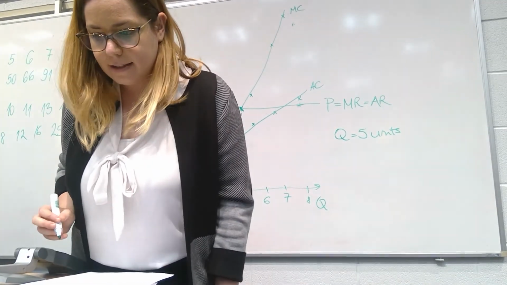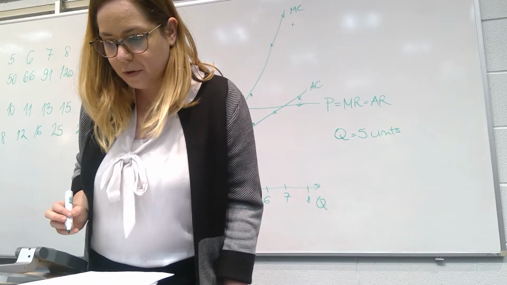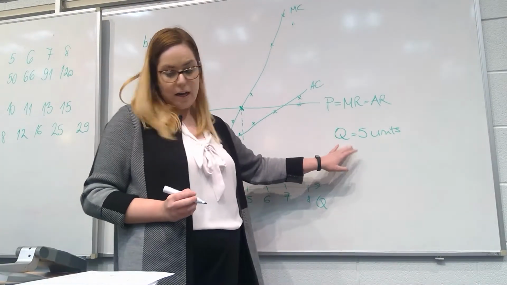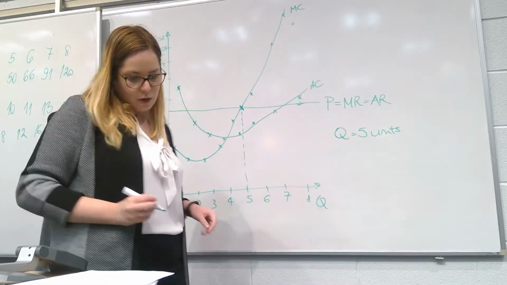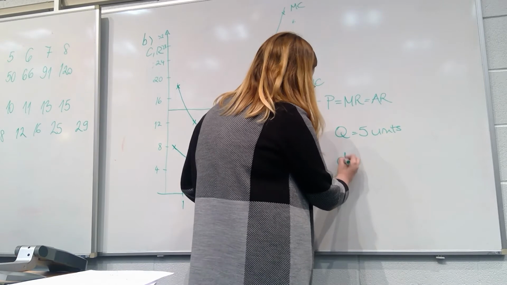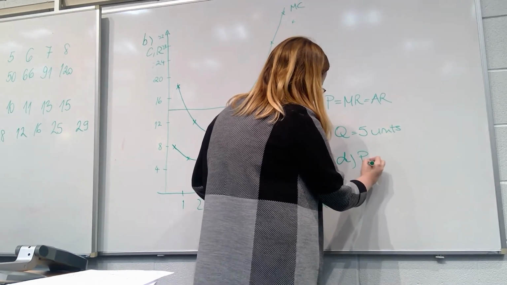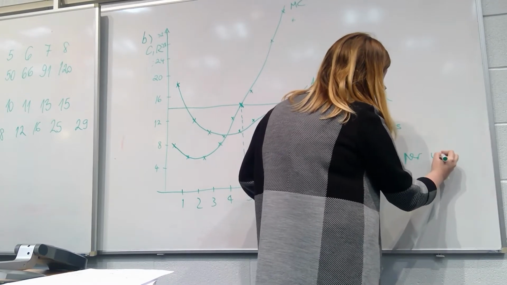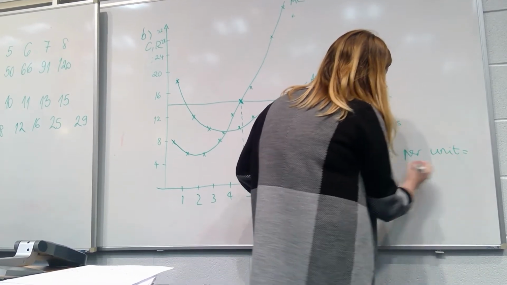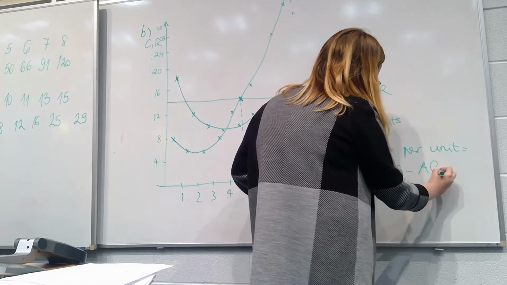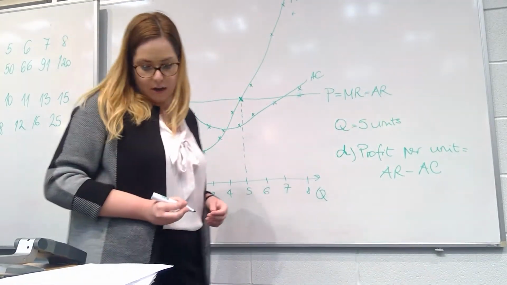Then we are asked how much supernormal profit is made at this output, so output being 5 units. So profit per unit is given by the difference between average revenue minus average costs.